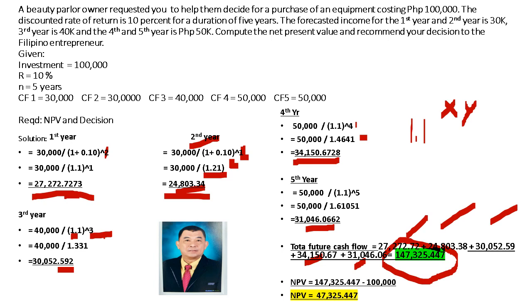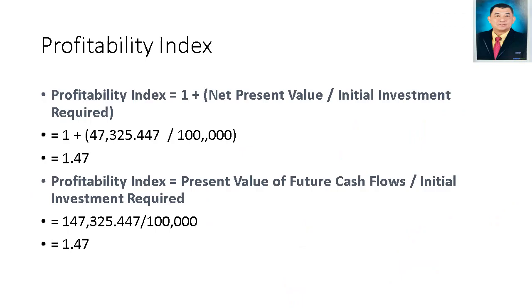So the net present value is this one. Now, we will try to solve for the profitability index. Using the first formula, 1 plus the net present value, divided by the initial investment gives you 1.47.